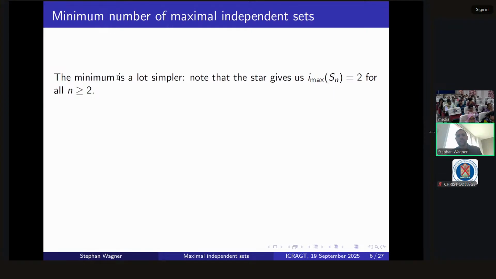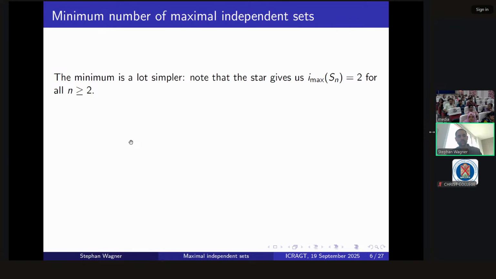If you allow disconnected graphs, in particular if you allow isolated vertices, then actually the minimum is 1. If you take a graph without edges, that has just 1 maximal independent set. Otherwise the minimum is 2. It's 2 for connected graphs, it's 2 for trees. So there is really not too much to say about that.